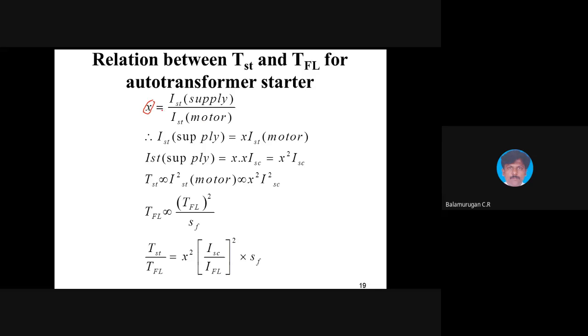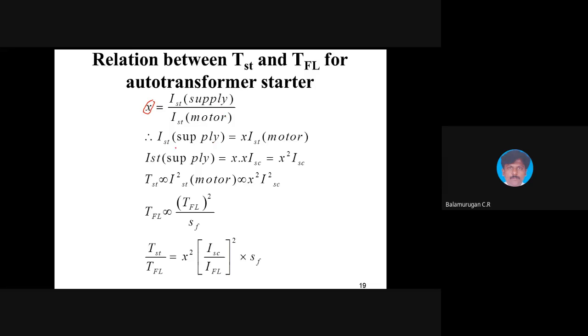So when the starting current from the supply is equal to the motor current, that means you are applying the full voltage, then these two will be equal. But during the starting condition, the starting current will be more on the supply side compared to the motor current.